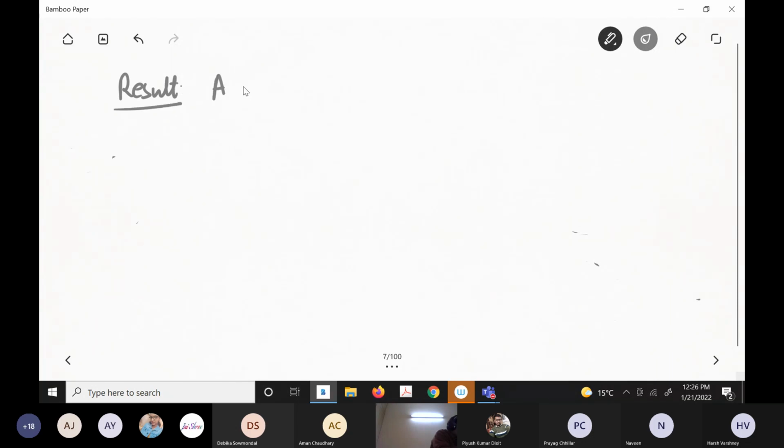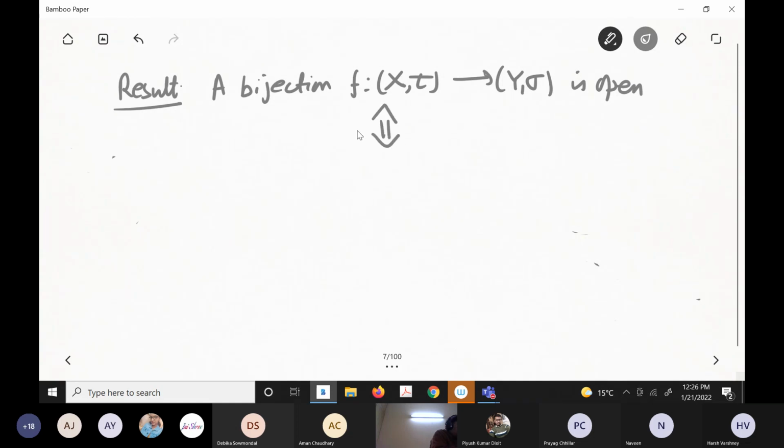Now you can easily prove this small result. A bijection F from (X, tau) to (Y, sigma) is open if and only if, look, it's a bijection, so F inverse is defined.